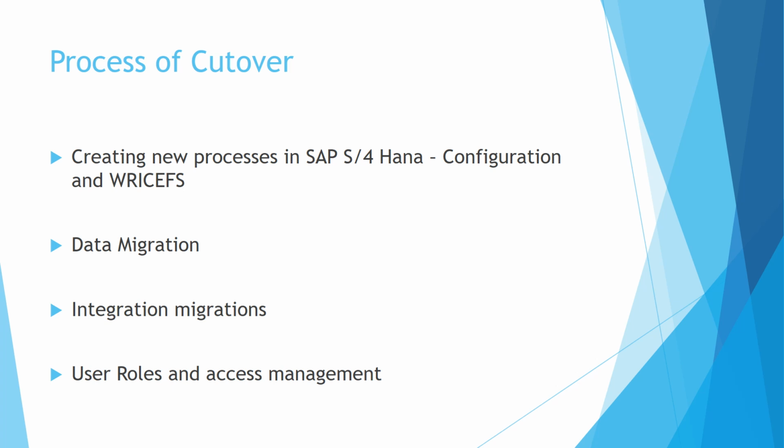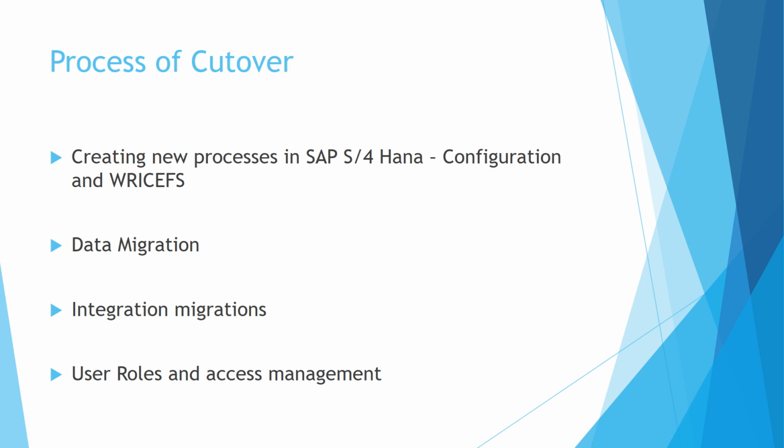So we need to move these integrated systems to S4 HANA as well. We have to create new integrations or new development for setting up these integrations with S4 HANA.